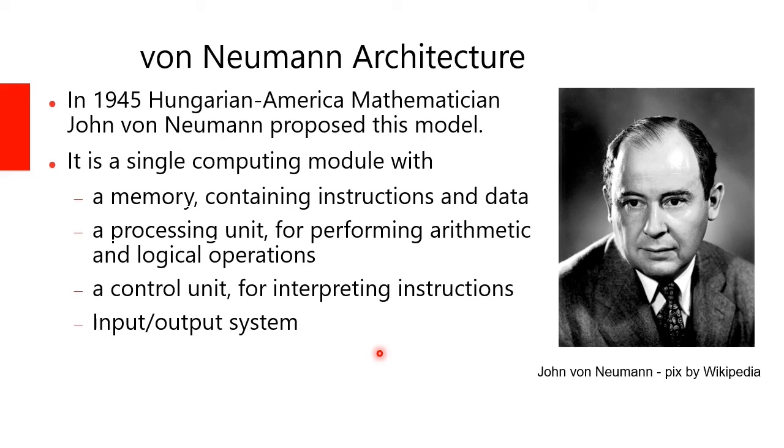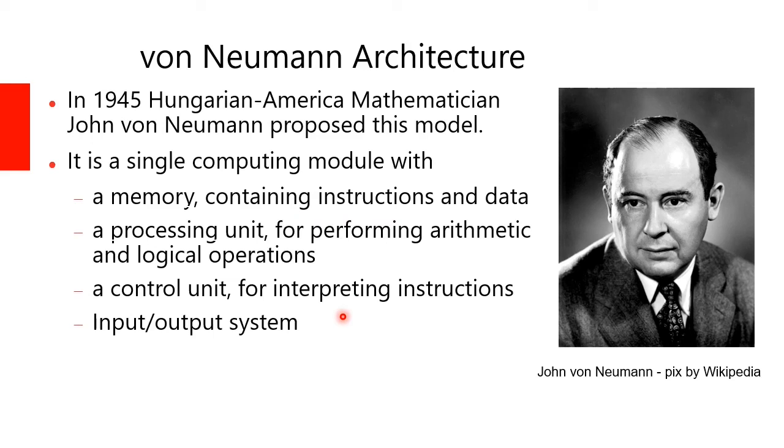Then you have a processing unit, where you can do arithmetic and logical operations. And then you have a control unit, whose main purpose is interpreting instructions. Remember that instructions are stored in memory, so the main purpose of the control unit is to interpret those instructions.